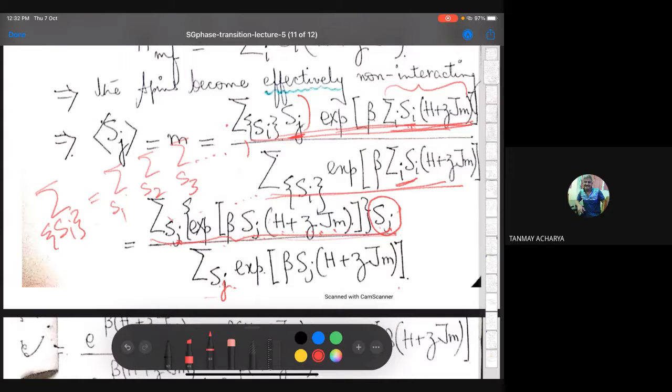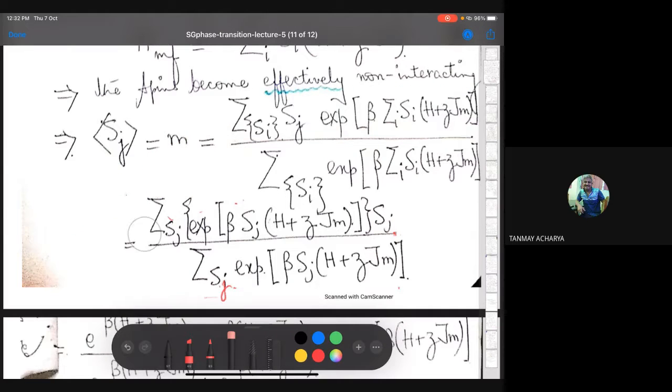So when you are doing the summation, all terms from numerator and denominator will cancel, excepting the term pertaining to the spin J. Please stare at it for a minute and let me know if it makes sense.